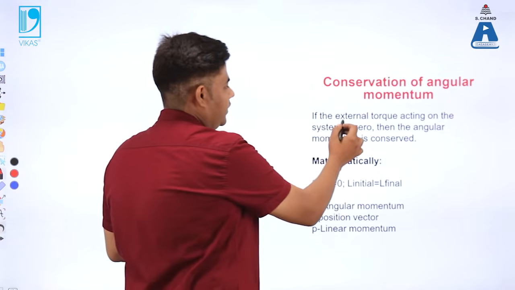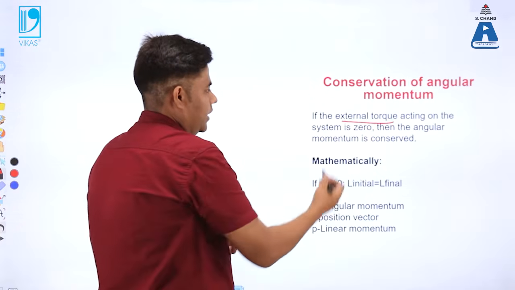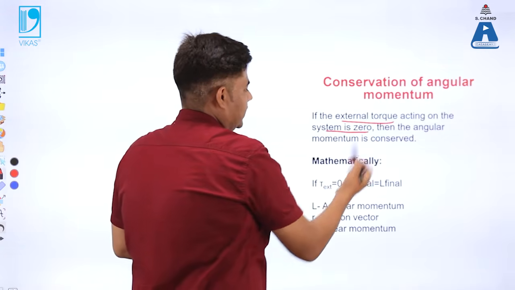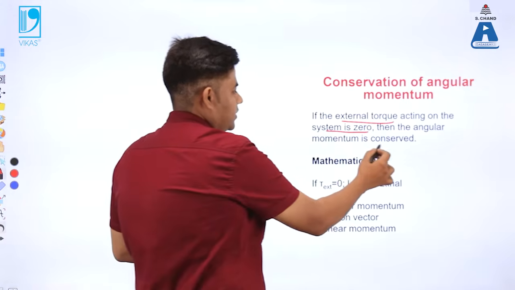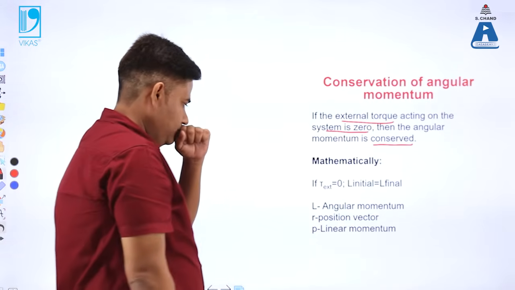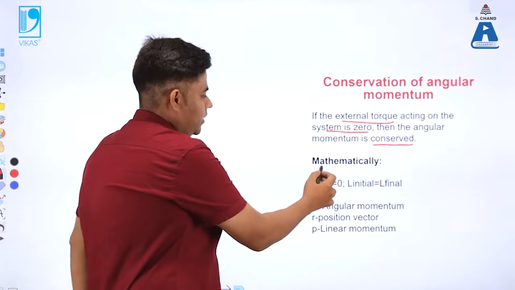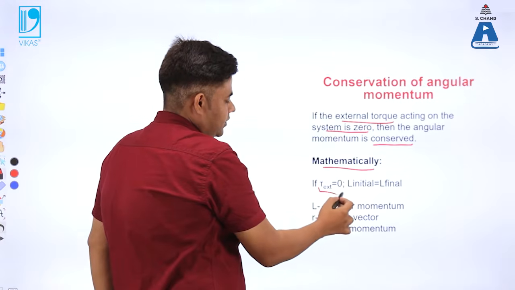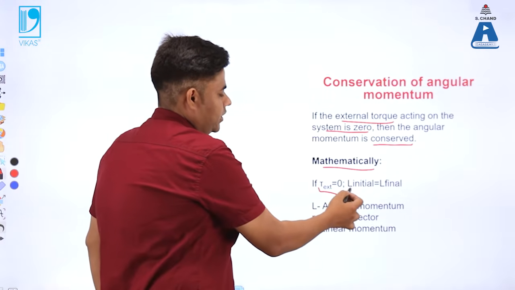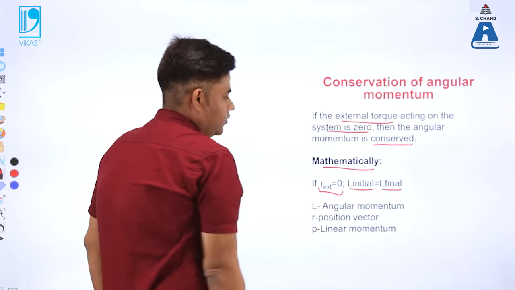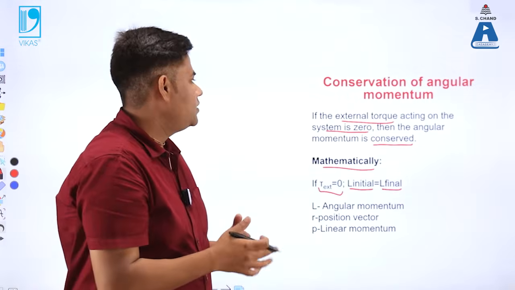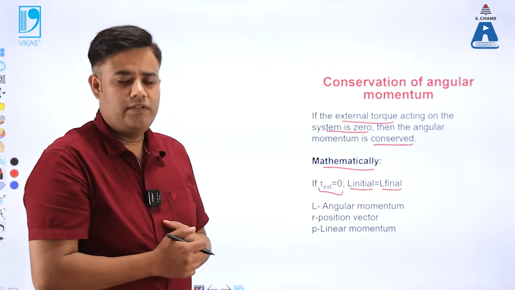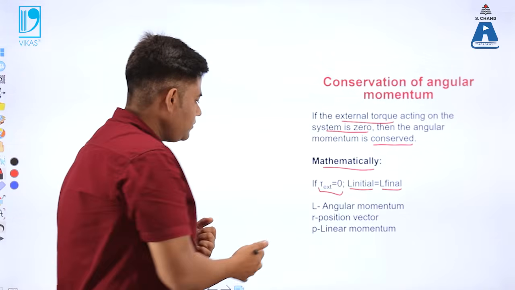Let's say if the external torque acting on a system is 0, then the angular momentum is conserved. What does it mean? Mathematically, if this external torque is 0, then initial angular momentum is equal to the final angular momentum. That means the angular momentum remains conserved. This is basically the law of conservation of angular momentum.